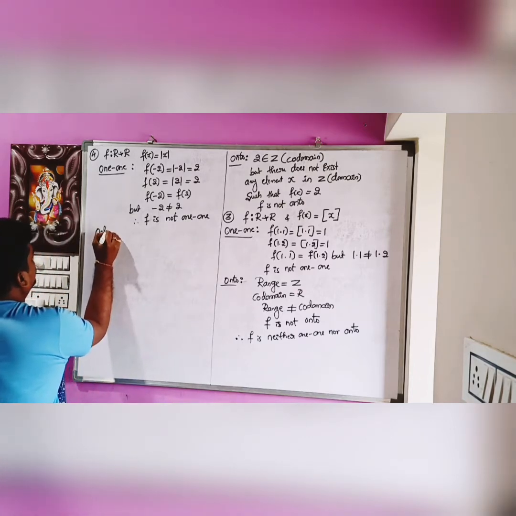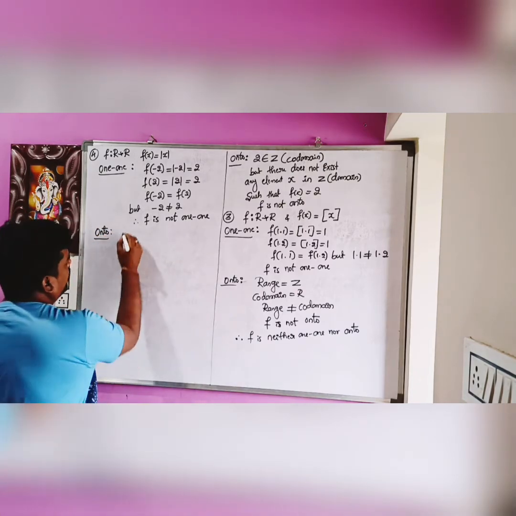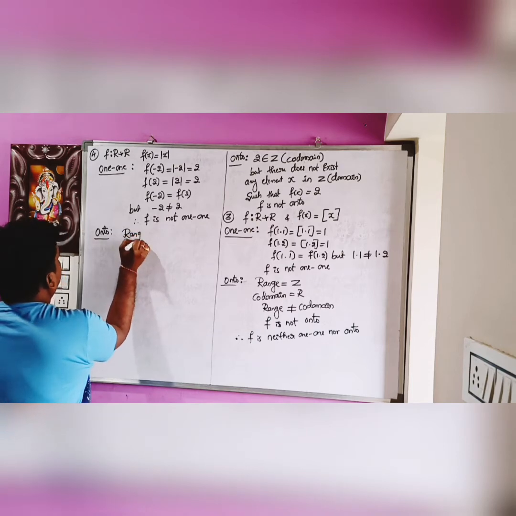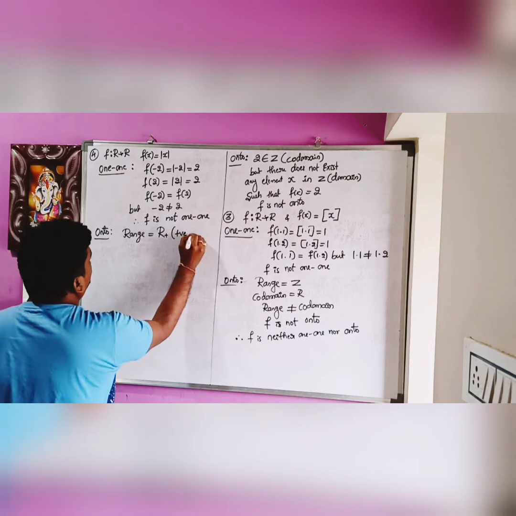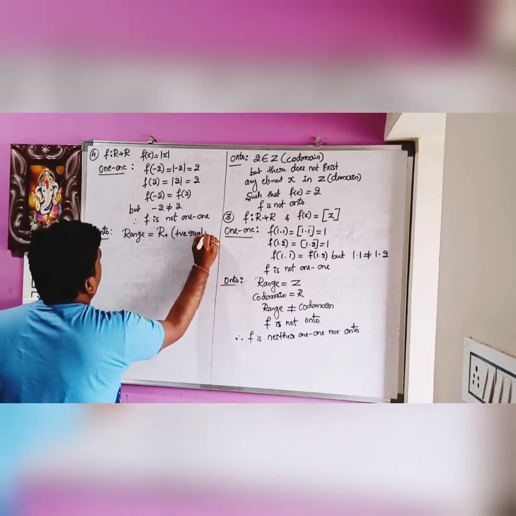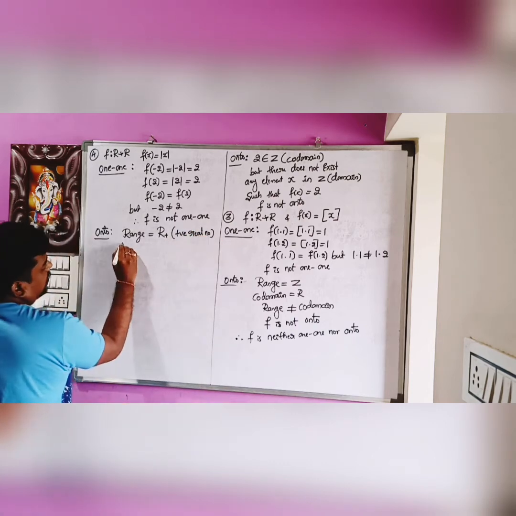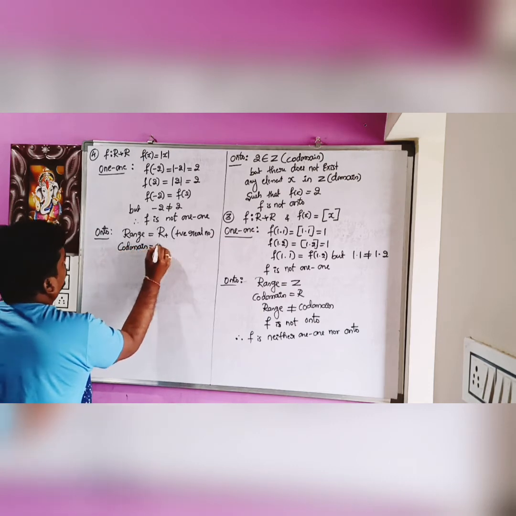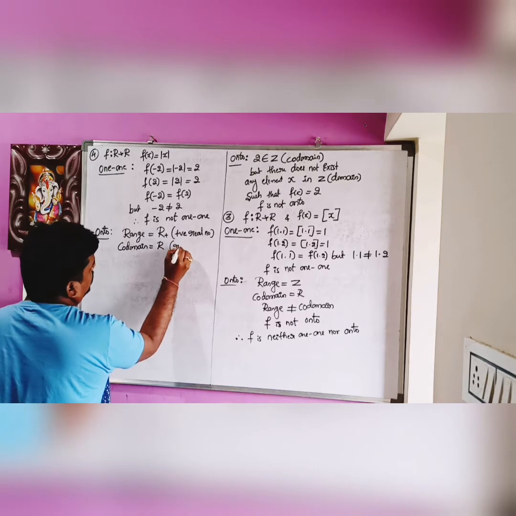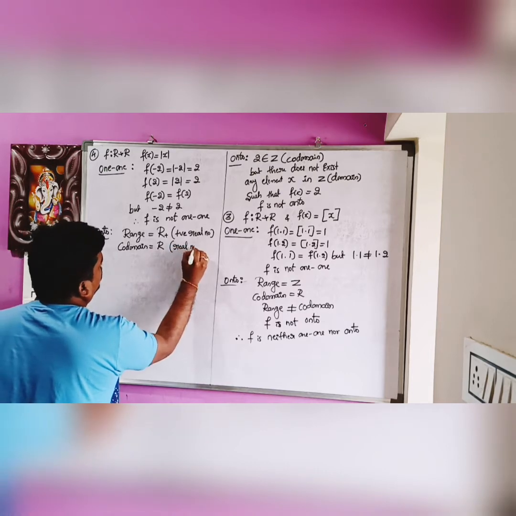Next, onto function. Same concept you can use. The range is the set of positive real numbers. R plus means positive real numbers. The codomain is the set of real numbers.